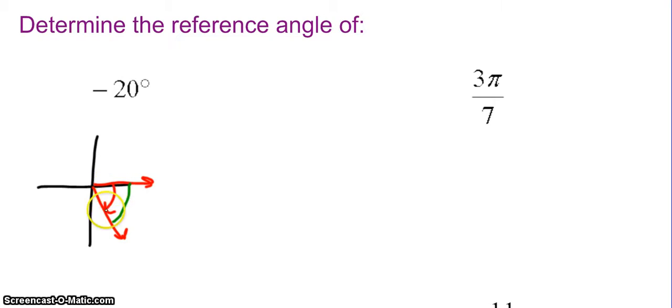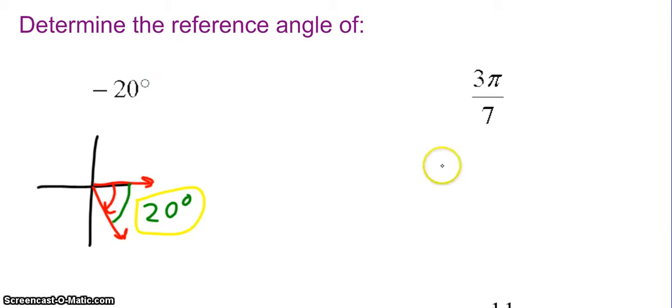Well, if the original angle is negative 20 degrees, this angle here, as an acute angle, is 20 degrees. So how we could have done this without drawing a picture is recognizing that if the angle we're given is positive, it is an acute angle. Since it's negative, we could have just made it positive, and the reference angle would be that angle.